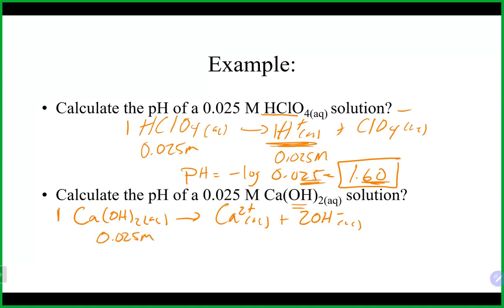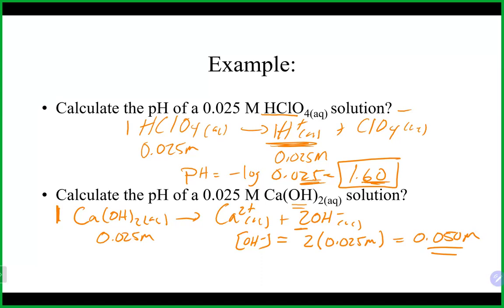It's a 1-to-2 relationship between the base and the hydroxide. So to get the proper concentration of hydroxide, we do need to multiply it by 2. That's going to give us 0.05 molar, which is really our true hydroxide concentration. Because it broke apart into 2 of them, we do need to adjust the hydroxide concentration to get the correct one.